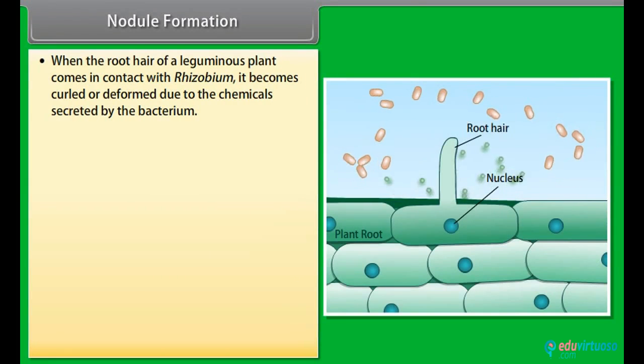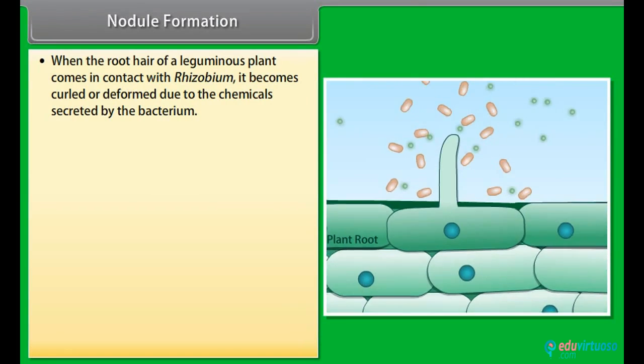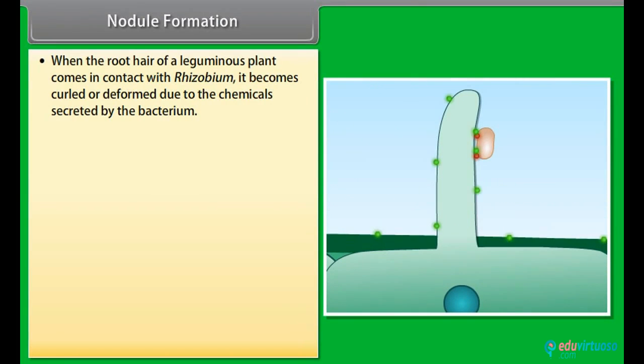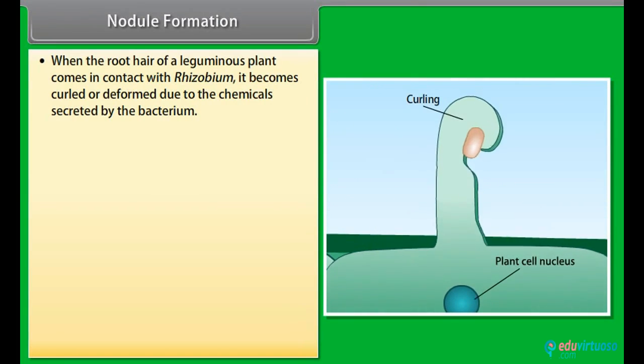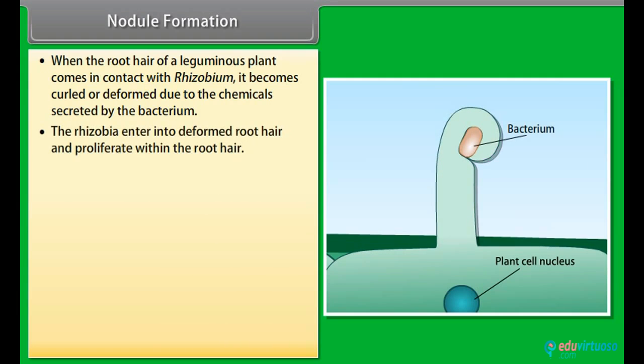Nodule formation. When the root hair of a leguminous plant comes in contact with Rhizobium, it becomes curled or deformed due to the chemicals secreted by the bacterium. The rhizobia enter the deformed root hair and proliferate within it.